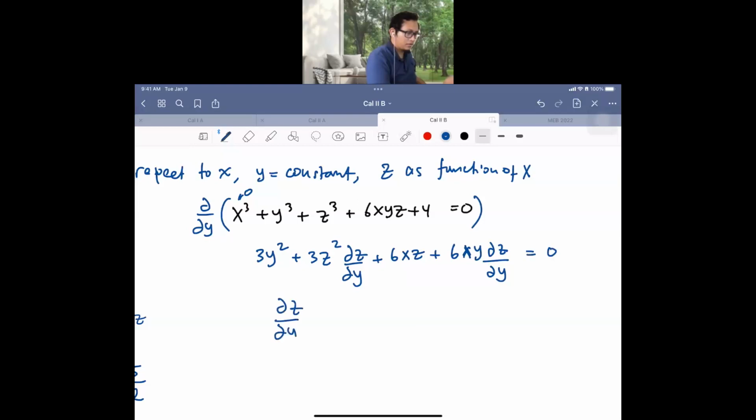So in the same way we have z squared plus 2xy, and this will be equal to negative y squared minus 2xz.